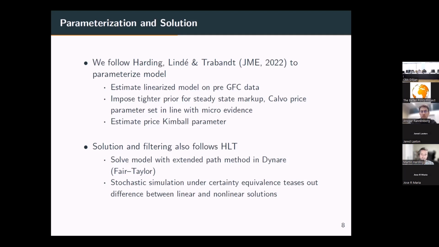Given the initial conditions, we use a nonlinear solver, fsolve for example, to find the structural shocks that make the model equal to the data in the first period. That solver gives me all the structural shocks for the first period. Then I feed those shocks to the model using the extended path method, and I move to the second period.